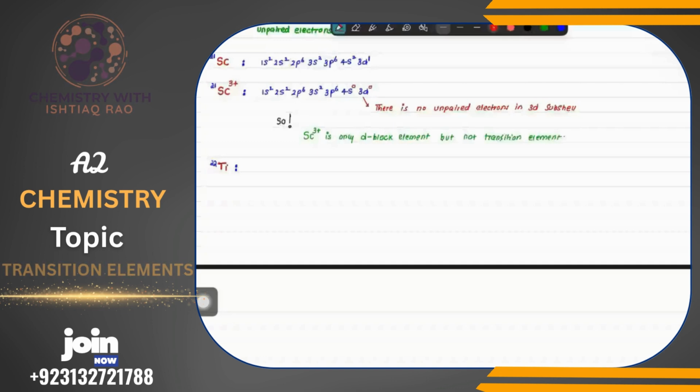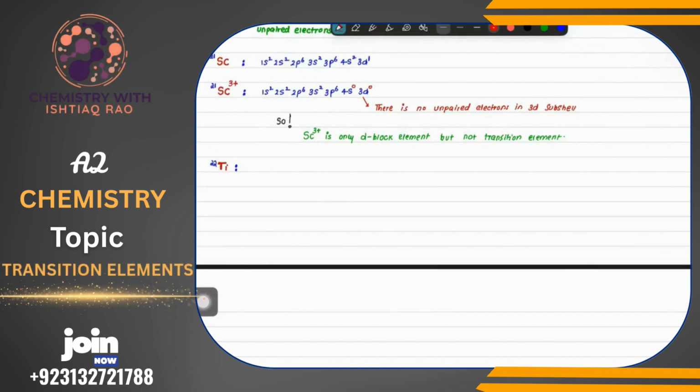If you remember from IGCSE, we used to tell you that transition elements form colored compounds. But if this is not a transition element, how would it form a colored compound? Common sense, isn't it? If something is not a transition element, it is not supposed to form a colored compound.